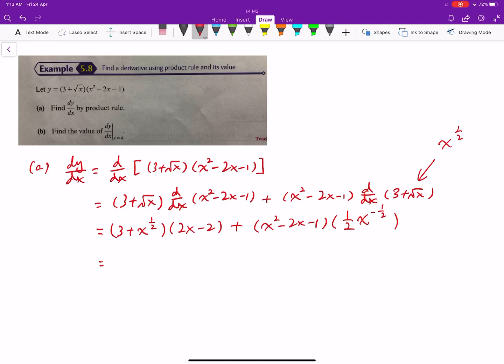So now we expand it. Because this involves powers that are not usual integers or negative numbers, be more careful when you find the answer.